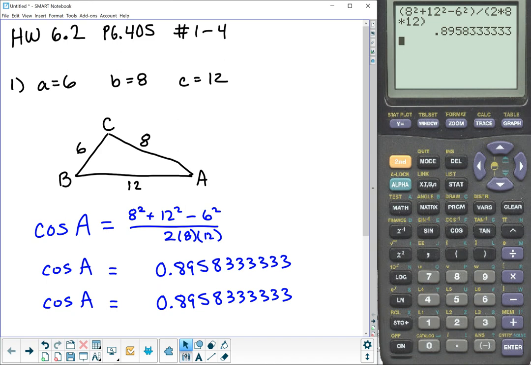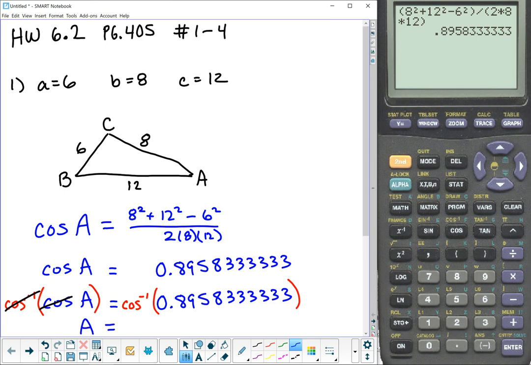So if I do cosine inverse of the left side, I'll have to do cosine inverse of the right hand side. Okay, by doing that, my cosine inverse is going to cancel out with my cosine, and it's going to just leave me with A.